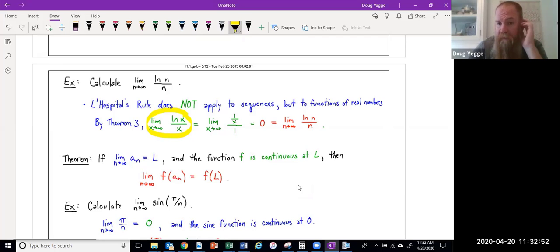L'Hopital's rule shows me that the limit of the function goes to 0, which automatically implies that the sequence also goes to 0. Everybody cool with that? So if you want to use L'Hopital's rule, really all you're doing is changing the sequence into a function of x, applying L'Hopital's rule, and then inferring that the sequence will also converge to that value.